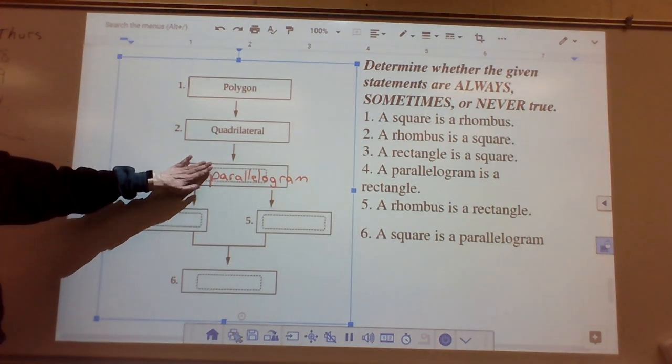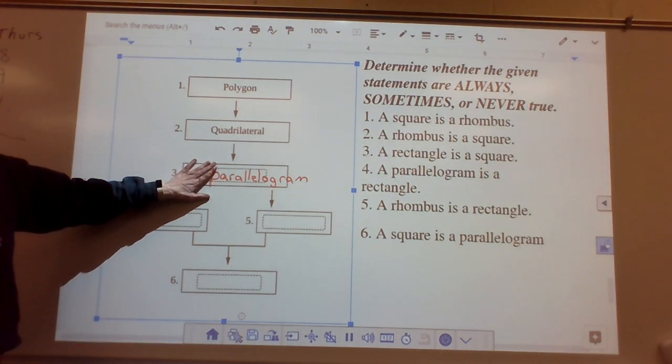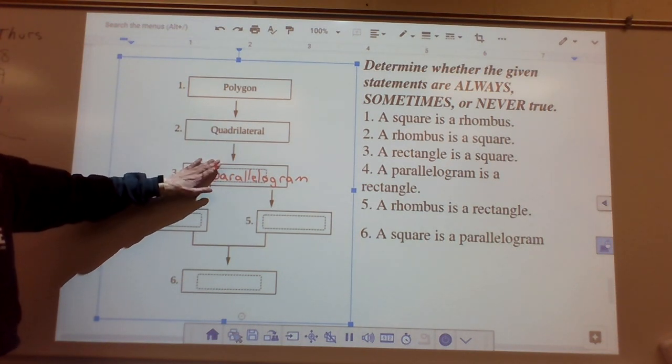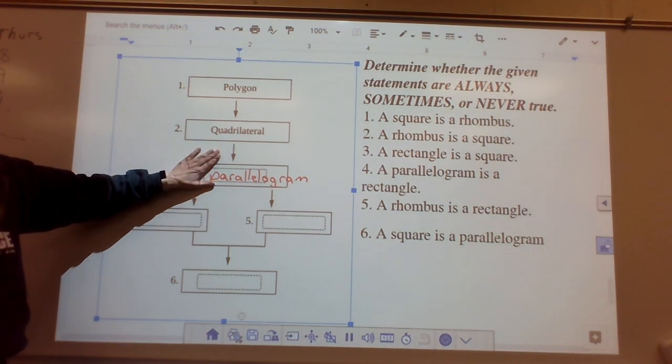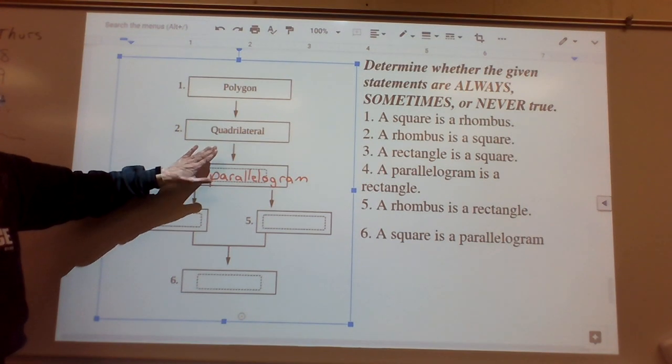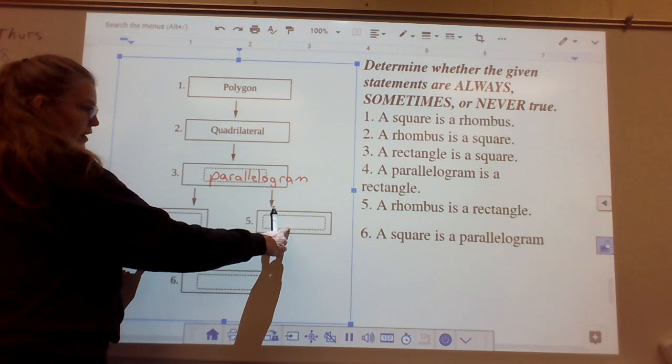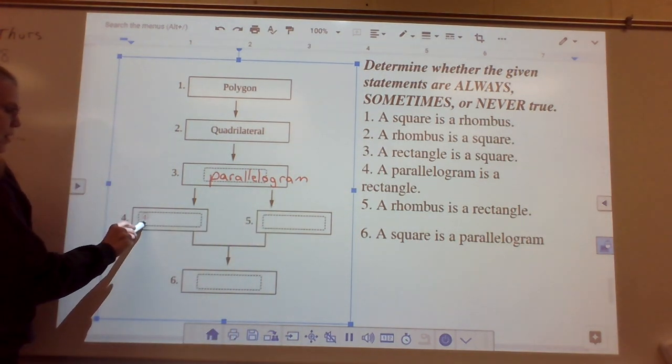Those have been the shapes that we spent most of the time talking about. So a parallelogram, remember, is a four-sided figure, a quadrilateral, that the opposite sides are parallel. Then the parallelogram we split into two different things. So on one side we have a rhombus.